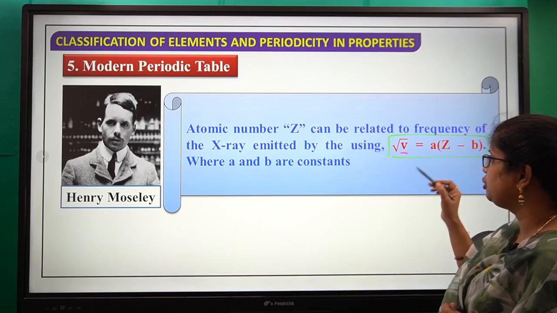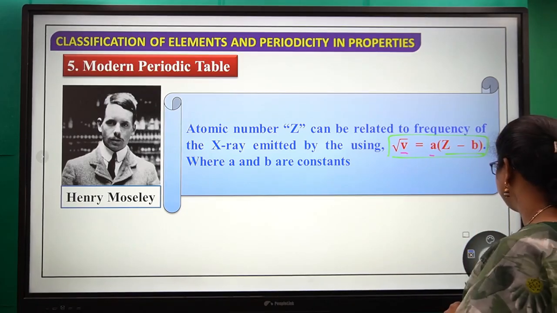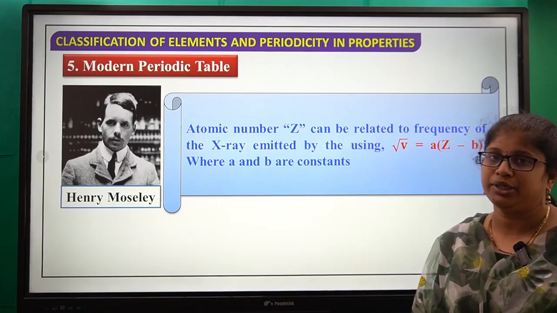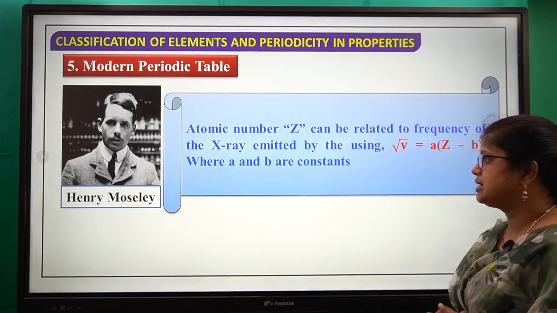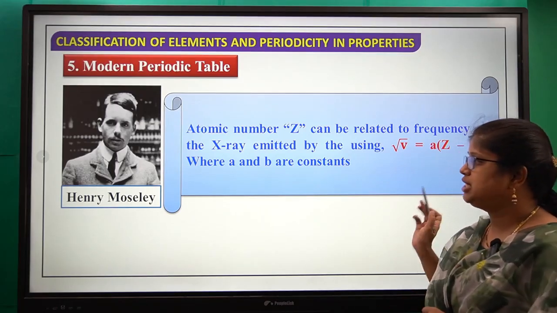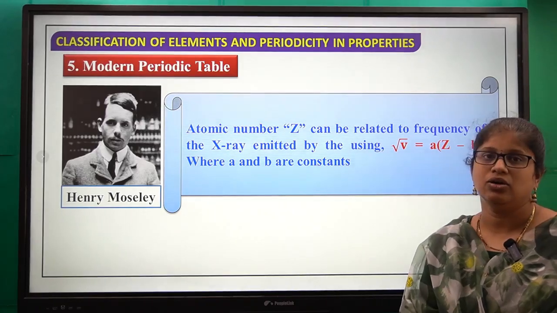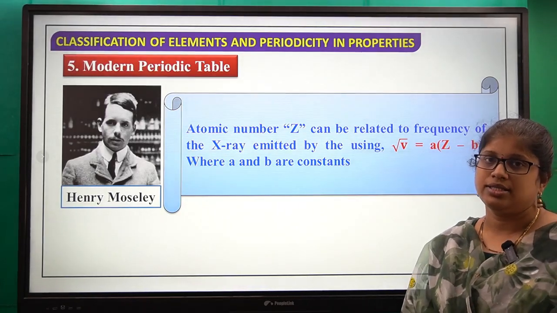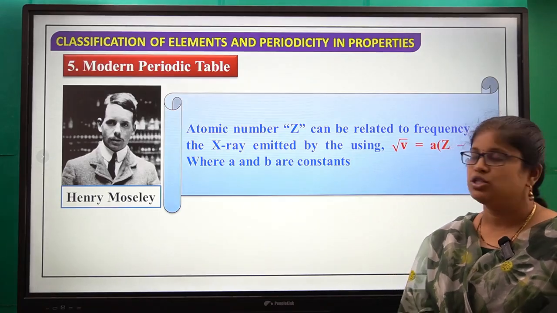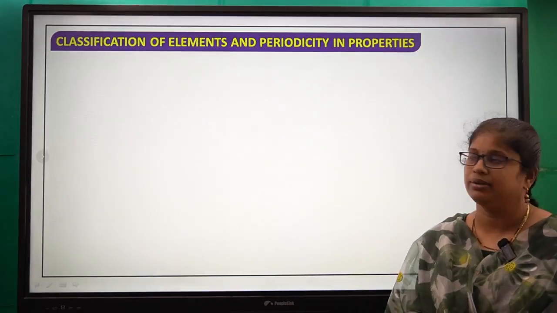So atomic number can be related to the frequency of the X-ray which is emitted by using this formula. Here what about A and B? A and B are constant values, and Z is the atomic number, and nu is the frequency. So he related this frequency and atomic number.